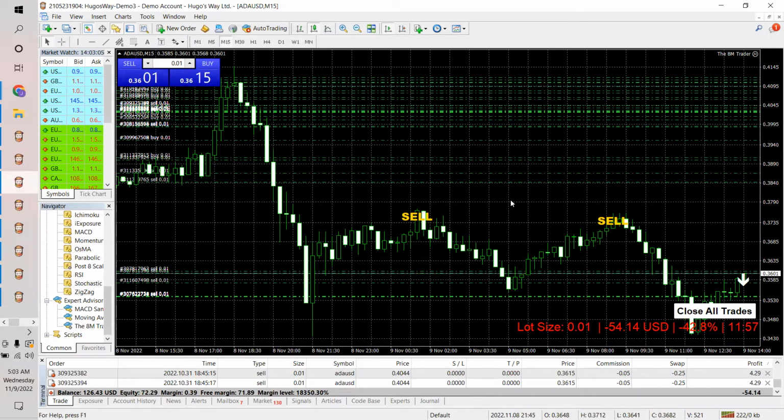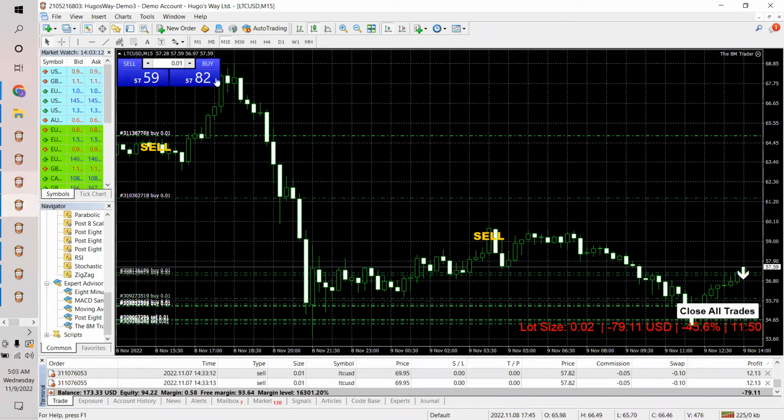We've got a lower low, lower high, lower low, lower high, lower low, and so on and so forth. LTC, same exact market structure. So right now, a lot of the cryptos are in a downtrend. The ideal move to follow along with the downturn in the market is to go ahead and take sell trades. So with that being said, we're going to go ahead and allow these trades to play out.